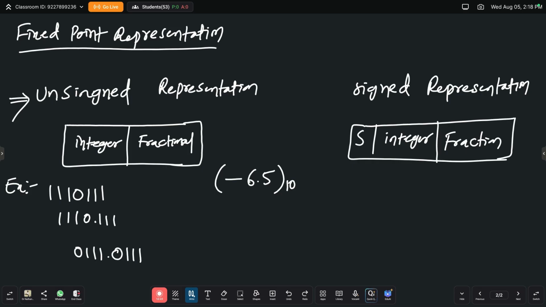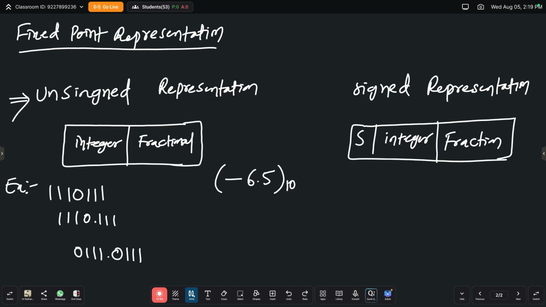One way is first you convert 6.5, minus 6.5. For the minus, you can apply 2's complement, then you can design the format. But that will take more complexity. Instead, what type of number is this, unsigned or signed?